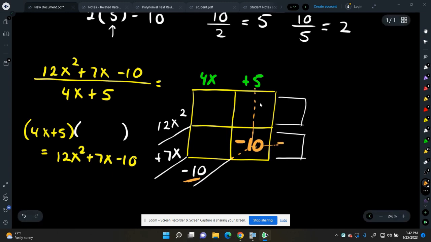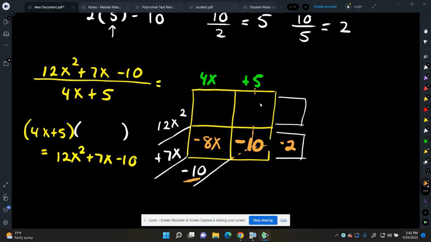Yeah, negative 2. 5 times negative 2 equals negative 10. Well, now I've got a little more information. I have a negative 2 here. So now I can do 4x times negative 2, and that's going to give me negative 8x.